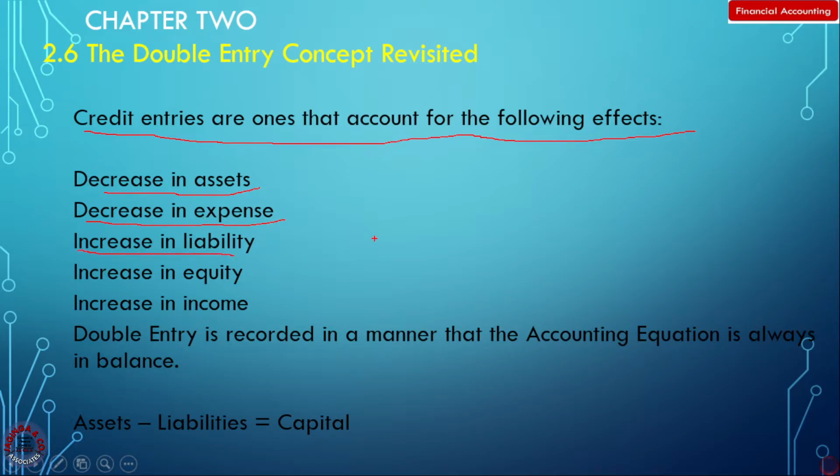Increase in liability. So we've talked about the liabilities. Liabilities are always credited. So when you want to increase a liability, you will credit. An example, now you've purchased goods on credit. So you'll pay later. Goods purchased on credit means that you'll be paying later at a given date.